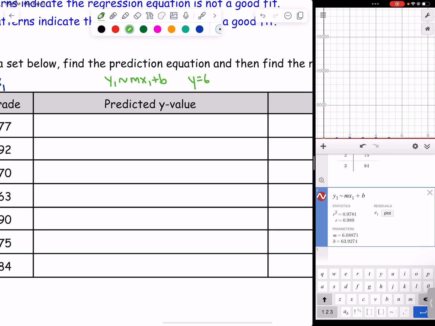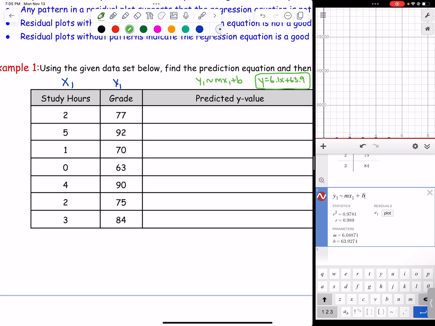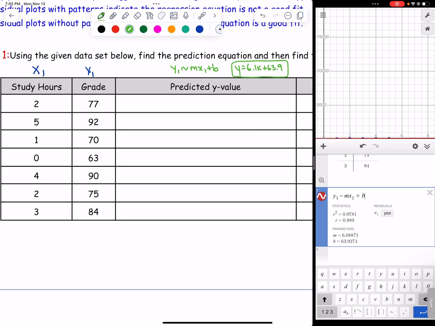So let's say 6.1x plus 63.9 is our prediction, our linear regression prediction equation. So what we need to do is find the predicted value. So in other words, if you studied for 2 hours, you would be predicted to get y equals 6.1 times 2 plus 63.9.